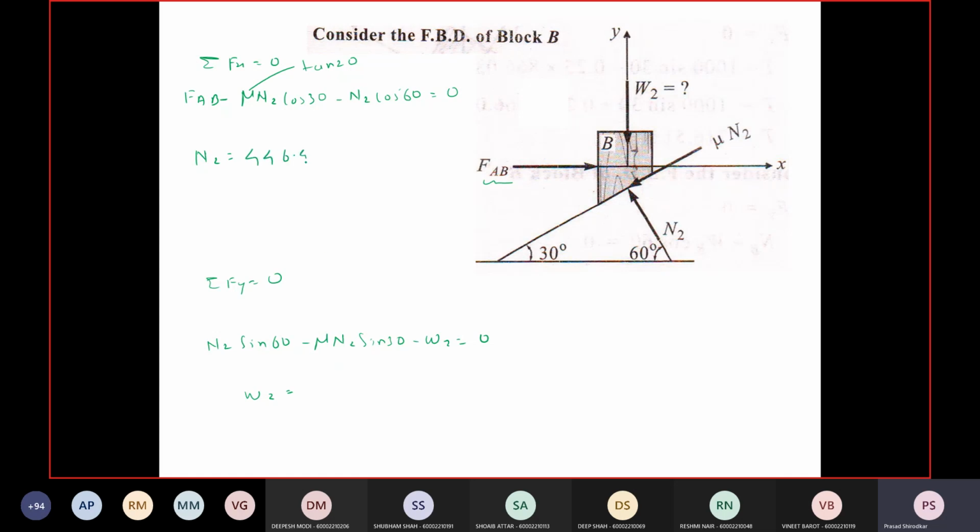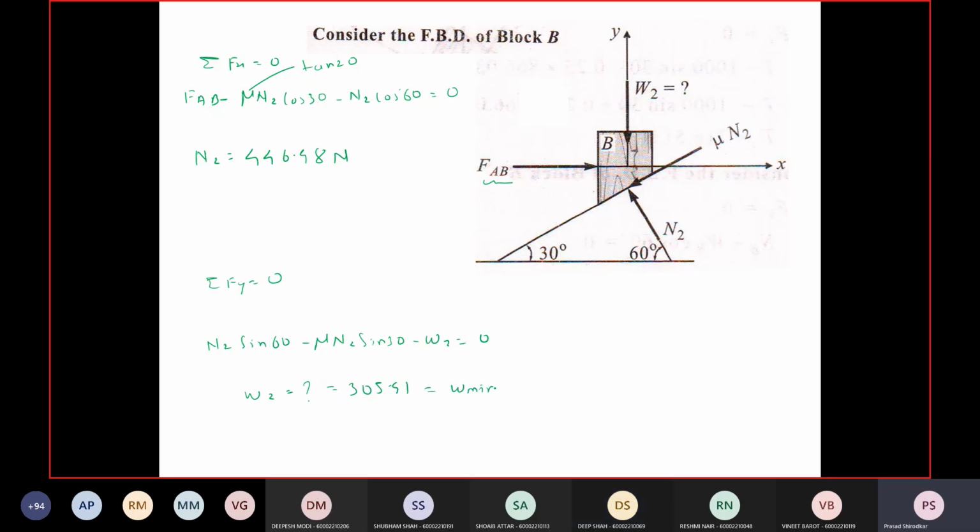I put 446.48, so your answer is also correct. Calculate the value of W2. 305.41. 305.4. Okay, so this is the value of W min.